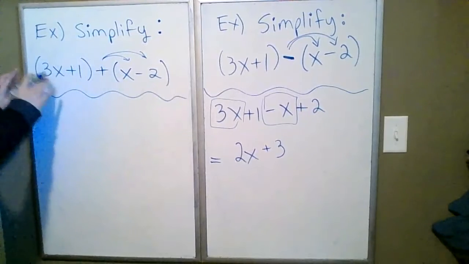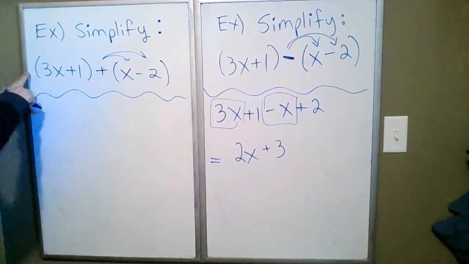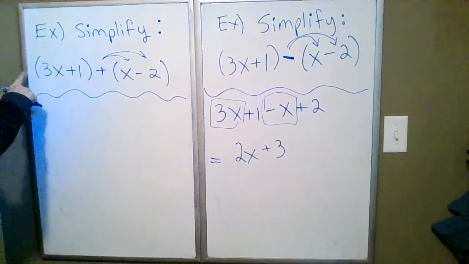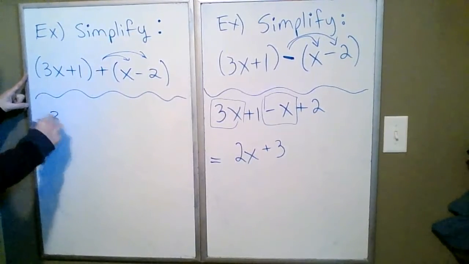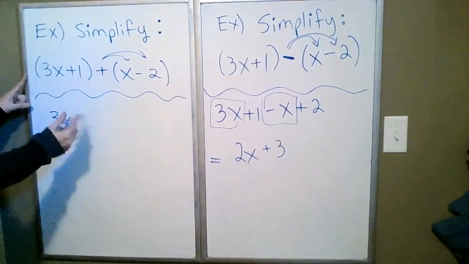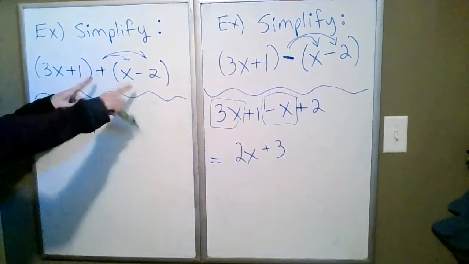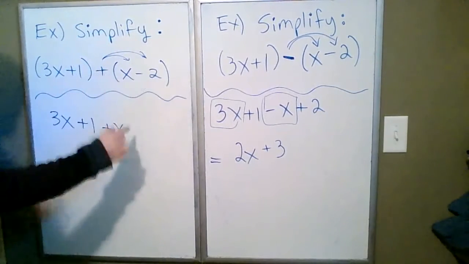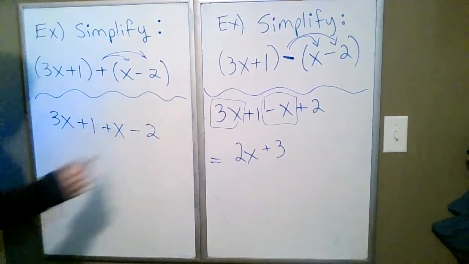And you can also think of this one also as a positive of 3x plus 1. So this is also a positive of 3x, positive of 1, positive 1 times x is x. 1 times negative 2 is negative 2.